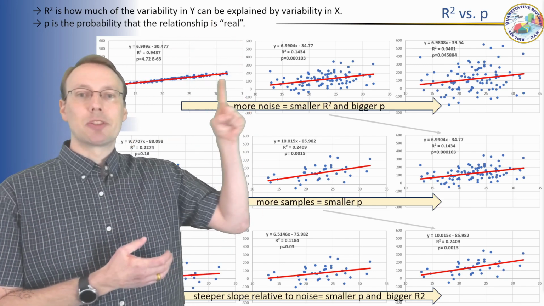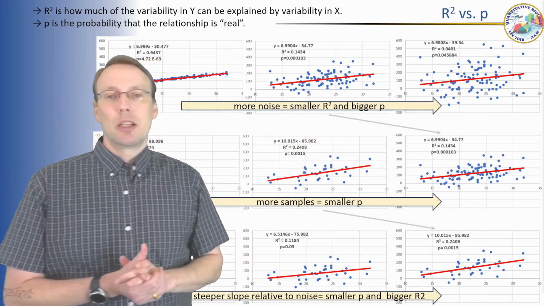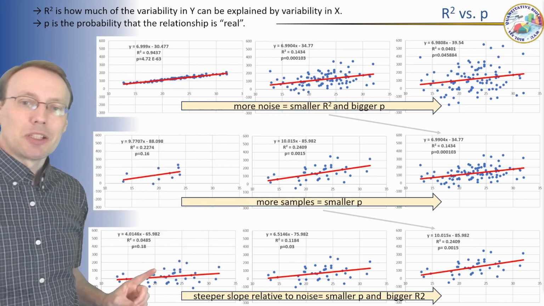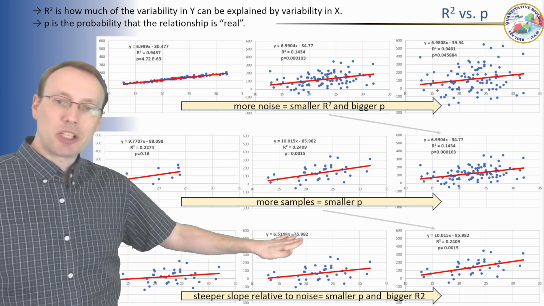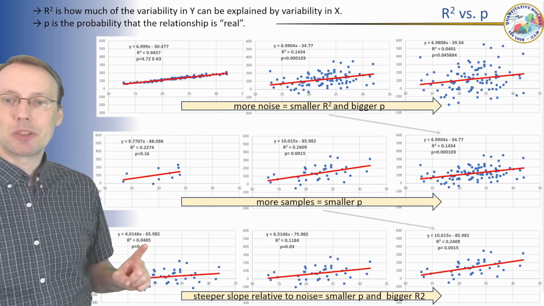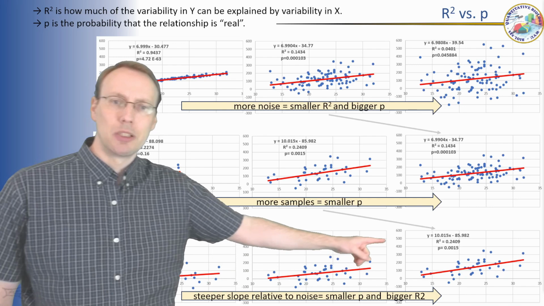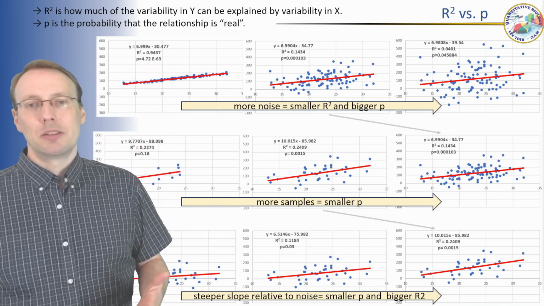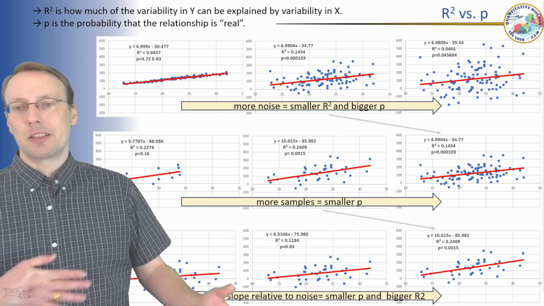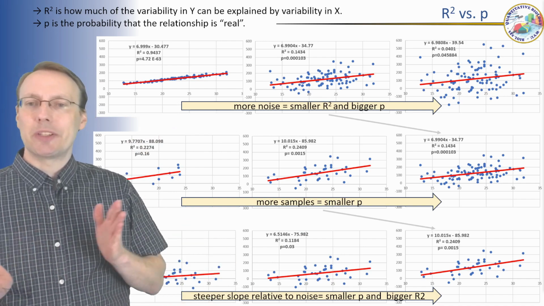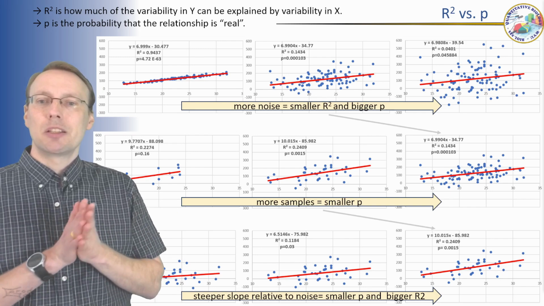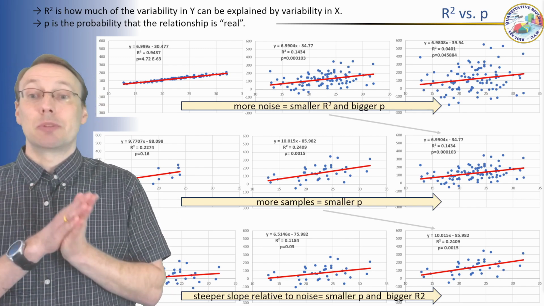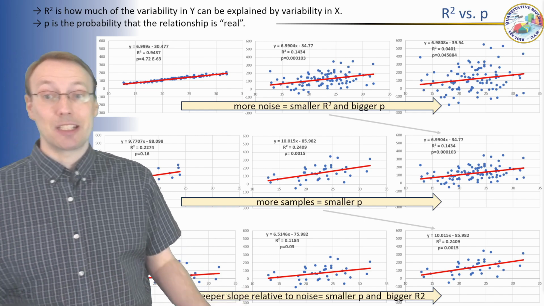Here I kept the slope fixed, and so that's why we see R-square changing, but keeping the noise fixed and changing the slope, you have a similar effect on the R-square. So all these things affect the R-square and the p-value, and you see how they explain things differently, right? The R-square is the amount of noise, whereas the p-value tells you whether the relationship is significantly different from 0.